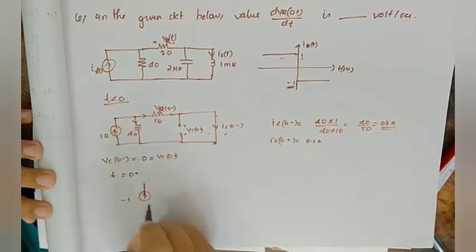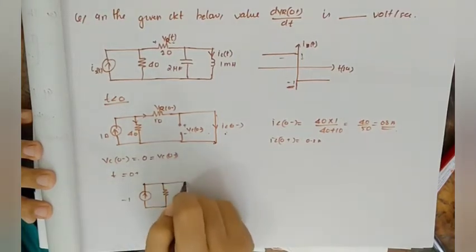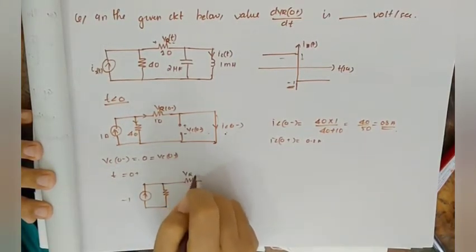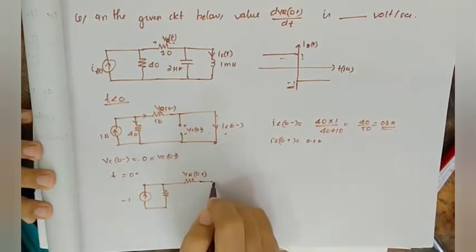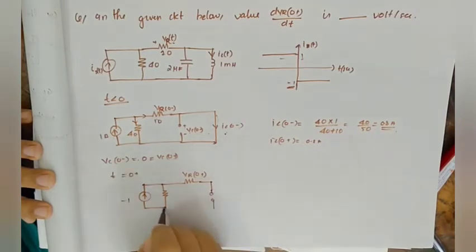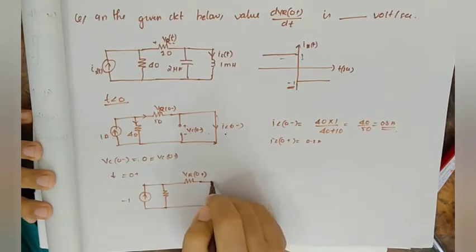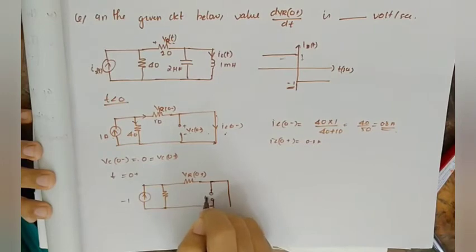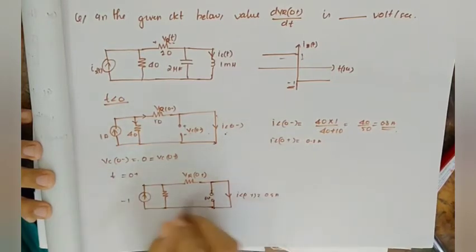So it is minus 1 here, and VR of 0 plus will still be 0 volt, and again IL of 0 plus is as it is, equal to 0.8 ampere.